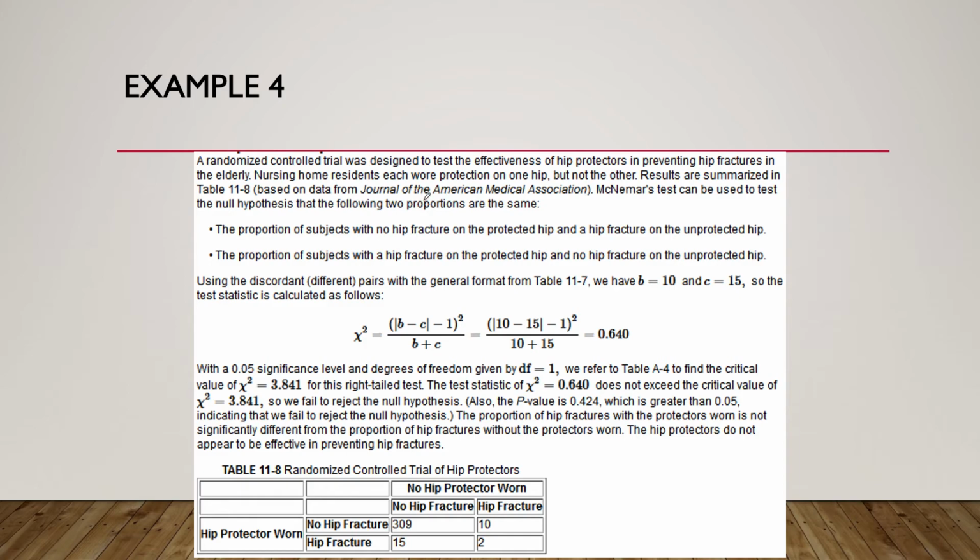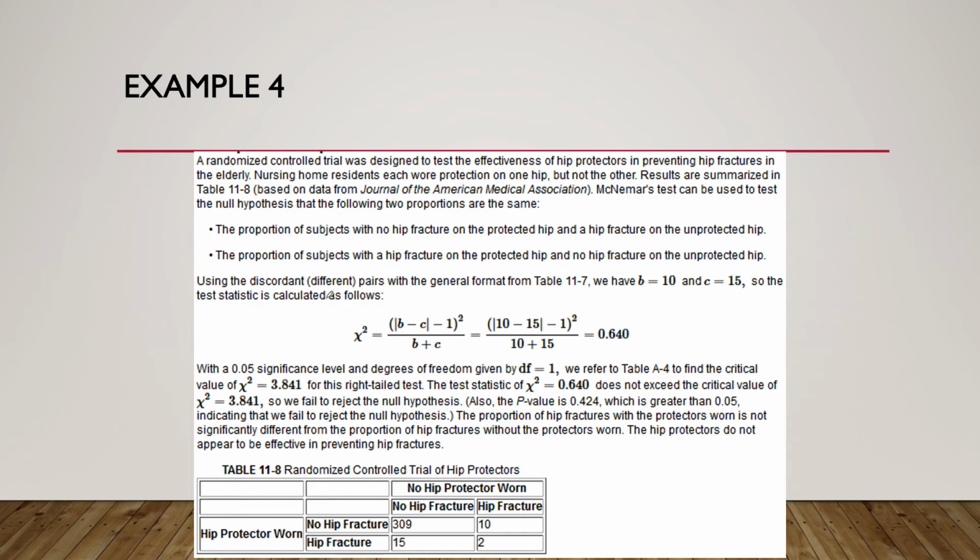Based on the Journal of the American Medical Association, McNemar's test can be used to test the null hypothesis that the following two proportions are the same: the proportion of subjects with no hip fracture on the protected hip and a hip fracture on the unprotected hip, and the proportion of subjects with a hip fracture on the protected hip and no hip fracture on the unprotected hip.